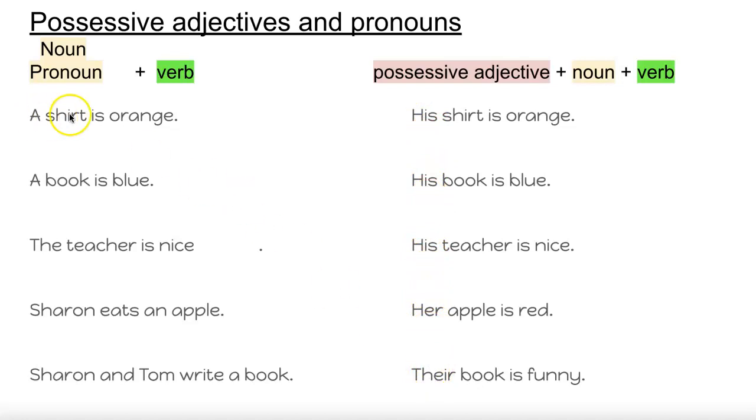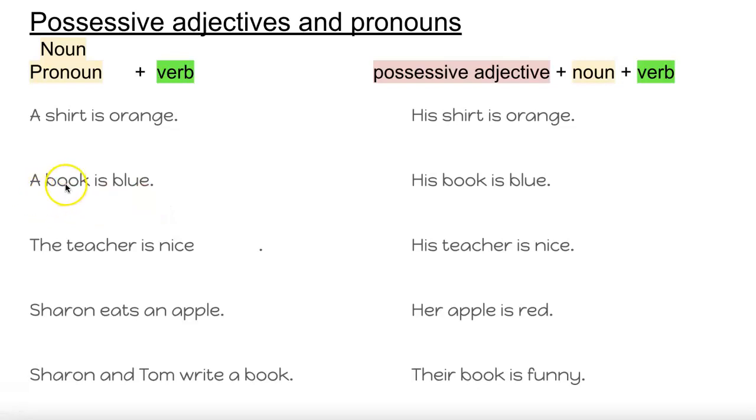So, a shirt is orange. Shirt is the noun, is the verb. Let's look at this one. Shirt is the noun, is the verb. His is the possessive adjective.